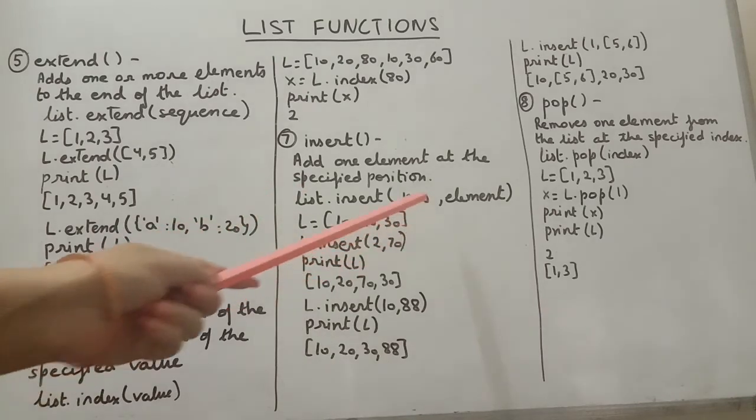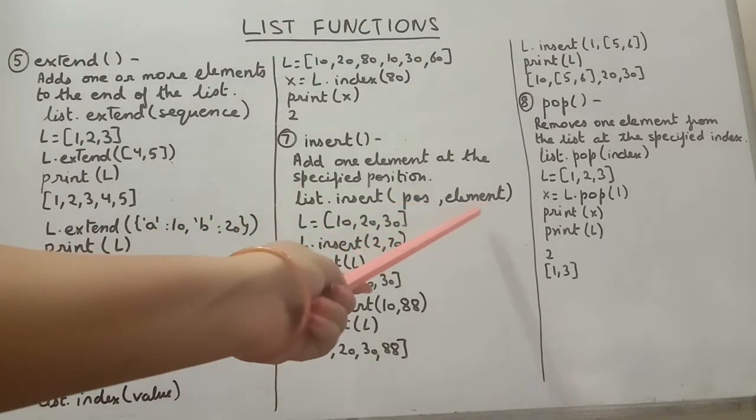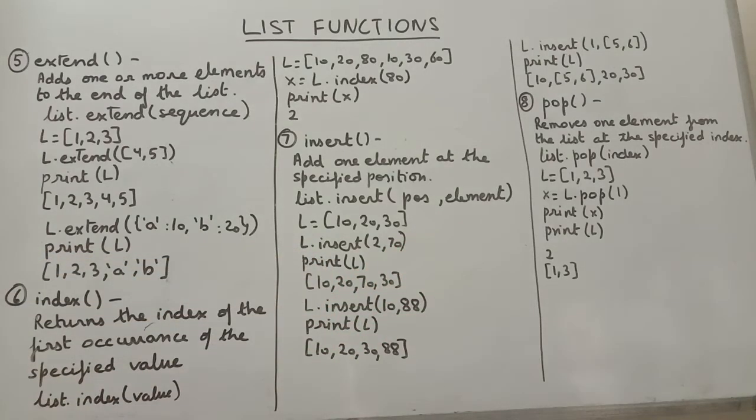The first argument is the index number and the second argument is the element to be inserted. If my list is something like this and I said L.insert(2, 70), that means 2 is the index number where I want to insert the value 70. So my resultant list is 10, 20, 70 and 30.